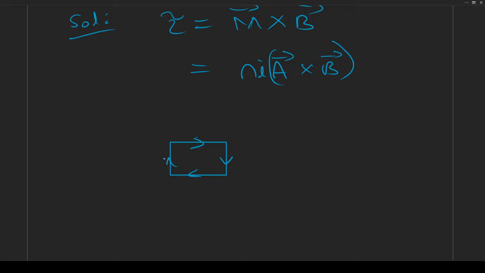So if we use the right hand thumb rule, the magnetic moment should be inside, meaning it should be minus k cap. The direction of magnetic moment should be minus k cap.